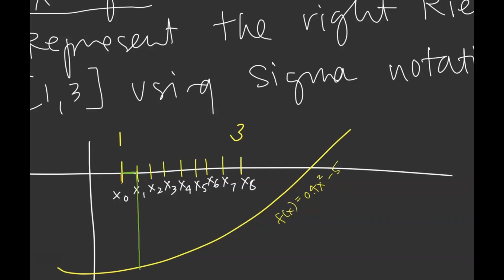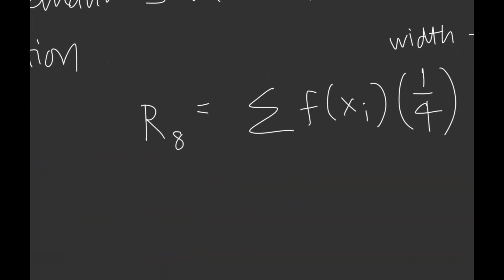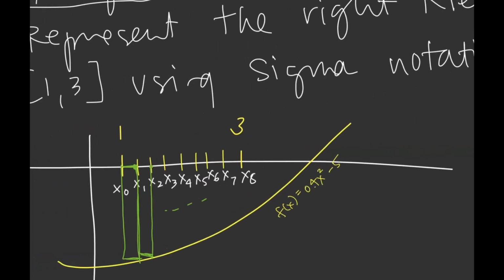So this is the first rectangle that gets counted here. And here's the second one here, and so on. We'd have more rectangles. But importantly, the first rectangle used the height of x1. So this started when x equals 1, and it goes up. The last rectangle will use the right side, so where is the function evaluated at x8?